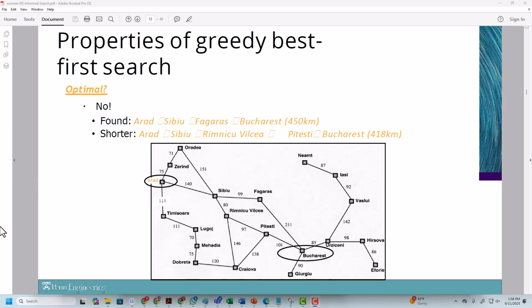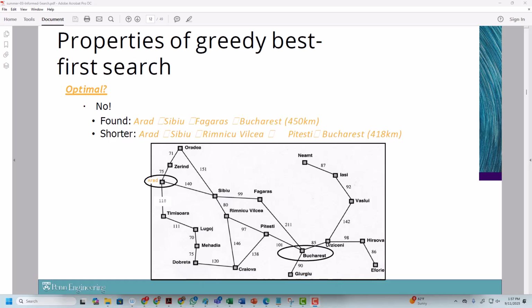Time and space complexities can be as bad as O(b^m), but in practice, if you choose a good heuristic, it becomes much more efficient. Here I want to show you where it can get stuck. From Bucharest, there is a path to Neamt, which goes to Iasi.